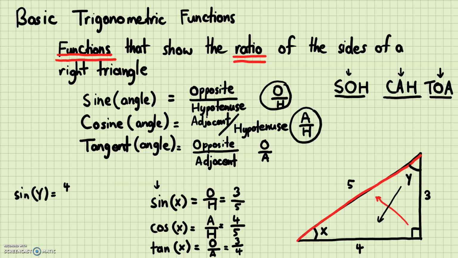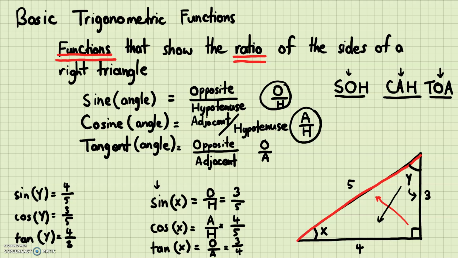Sine is opposite over hypotenuse, so that's going to be 4 over 5. How about the cosine of y? Which side is touching y but is not the hypotenuse? The adjacent side is 3, and the hypotenuse is still 5. And then the tangent of y is the opposite side, which is 4, divided by the adjacent side, which is 3.